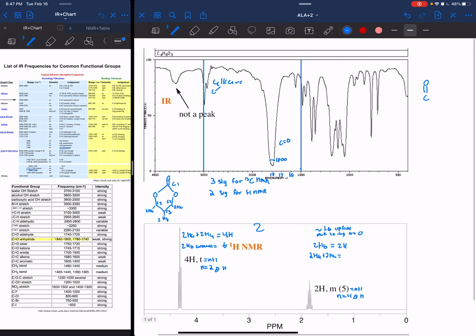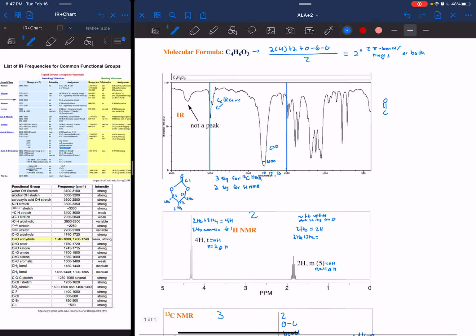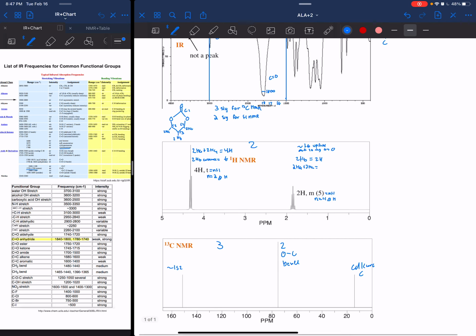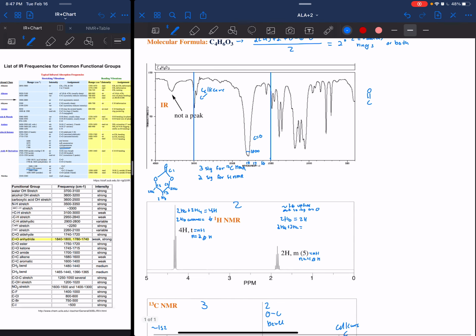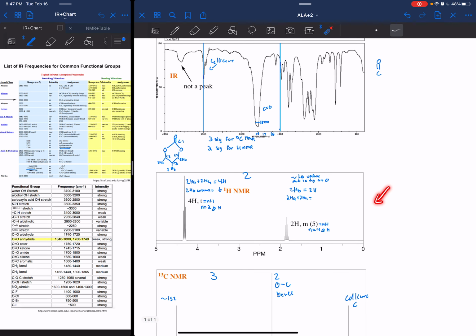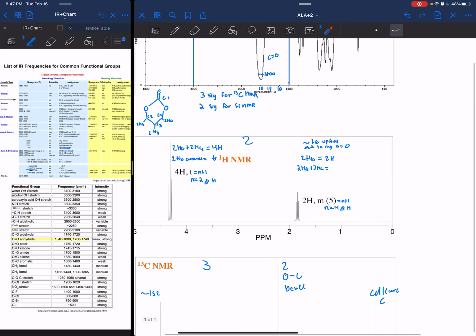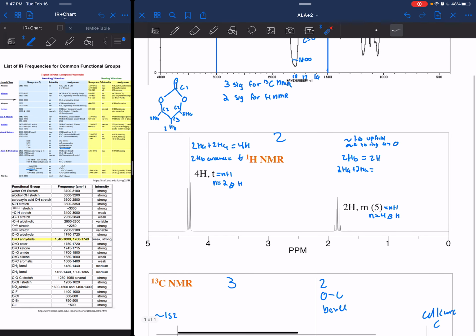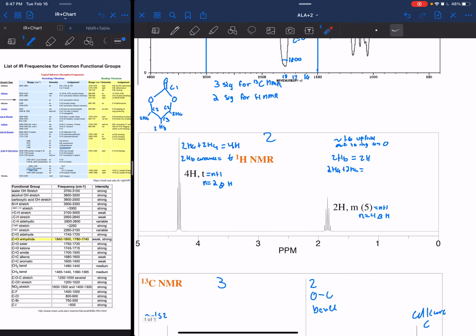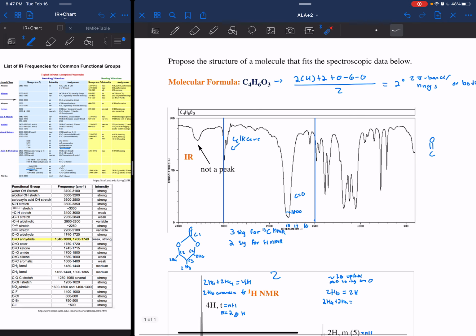What I did after that was look at my HNMR and my CNMR, and what I could tell from here is that there has to be symmetry since there's only 2 different signals being produced. If there wasn't any symmetry, every single carbon would pretty much have a hydrogen that would have a signal, but in this case it doesn't.